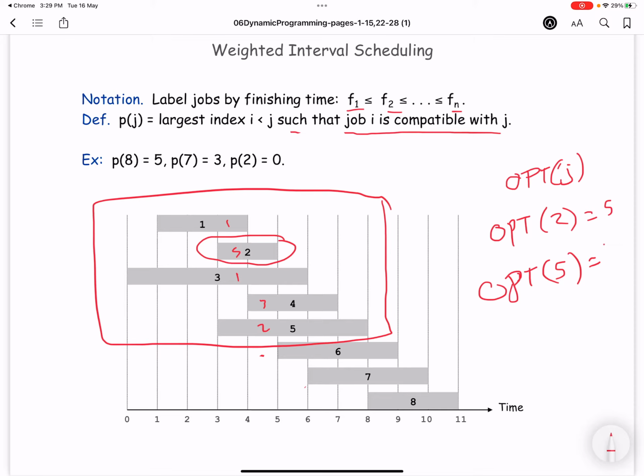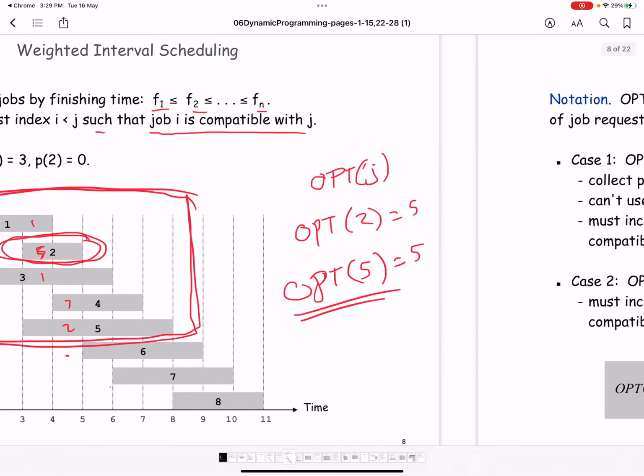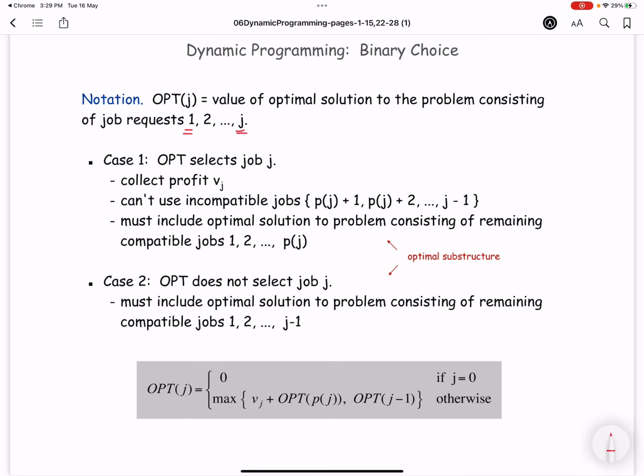Yes, in this case opt5 is 5. So the optimal for this instance is to select only this job because it has larger weight. But anyway, we just discussed this notation. We will see how to compute the optimal weighted interval scheduling. So this is the definition of optj.